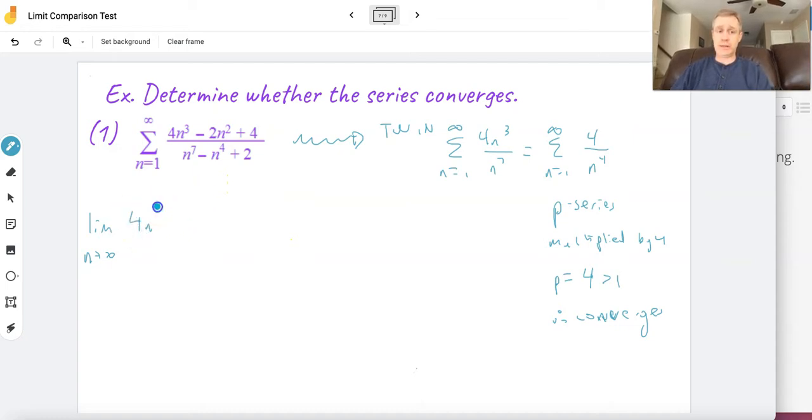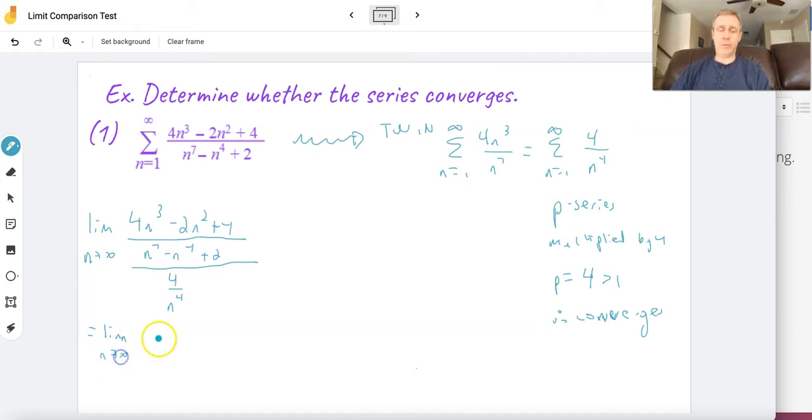I'm just going to take the limit of the general term of the series that we're trying to determine converges or not, and put that over the simplified form of the general term of our twin series. I'd always go to the simplified version to make your life a little easier when evaluating the overall limit.